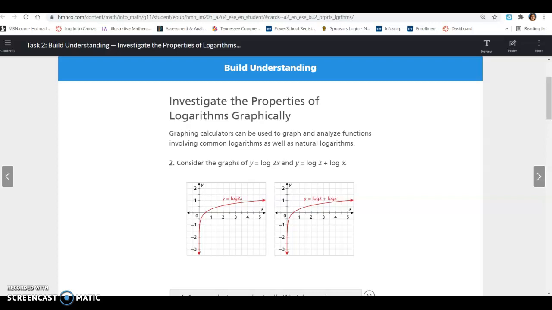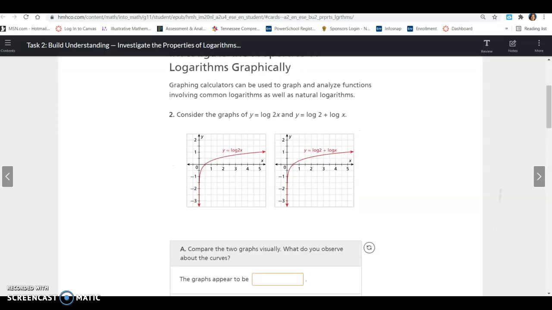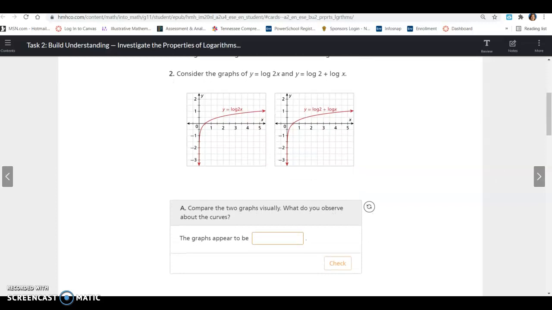10.1, task 2. Investigate the properties of logarithms graphically. Graphing calculators can be used to graph and analyze functions involving common logs as well as natural logs. Consider the graphs of y equals log of 2x and y equals log of 2 plus log of x. All right, so if you look at the graphs, these both look like they are approaching the y-axis.